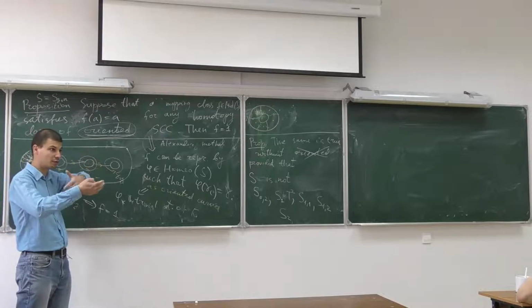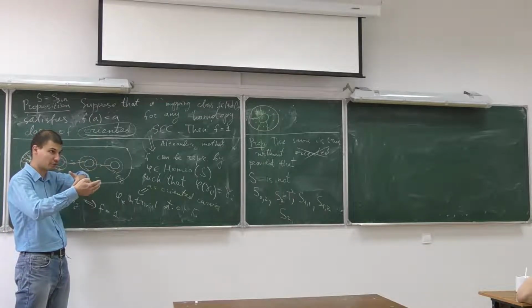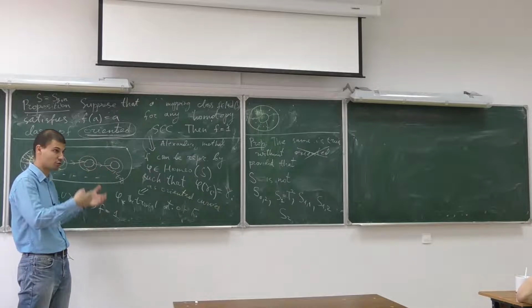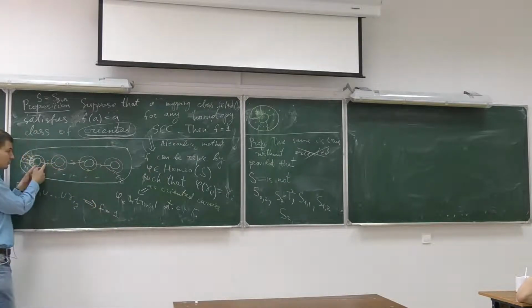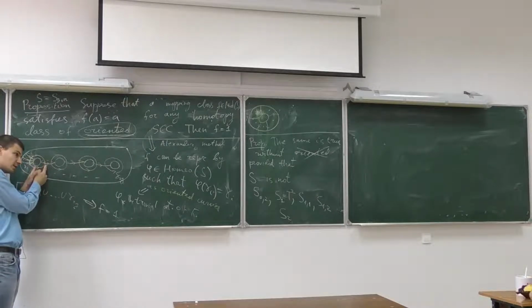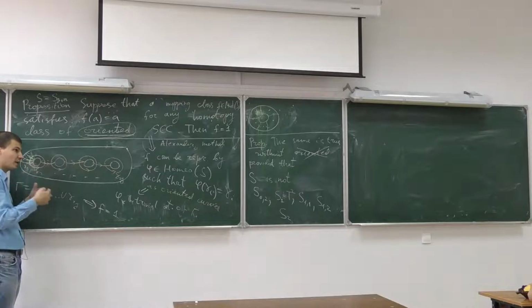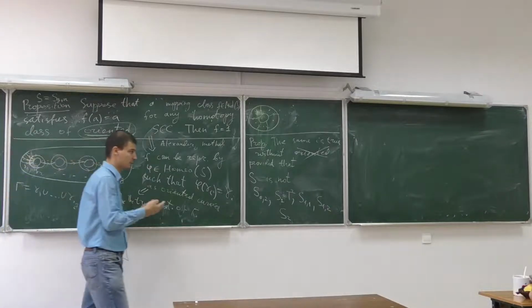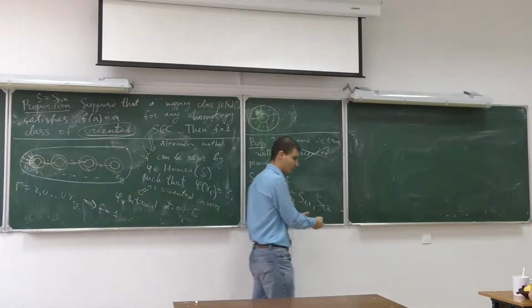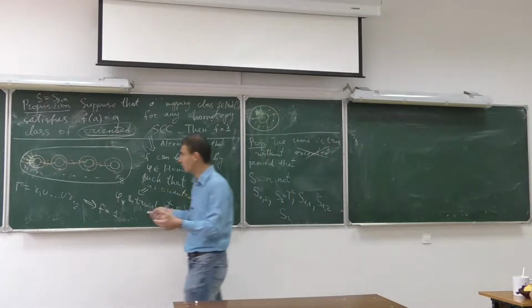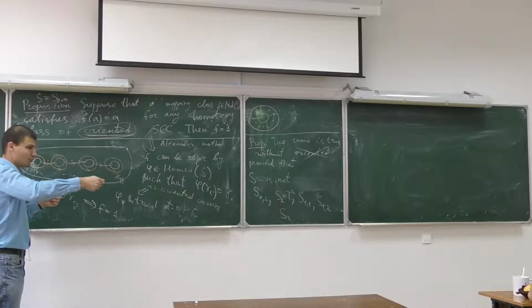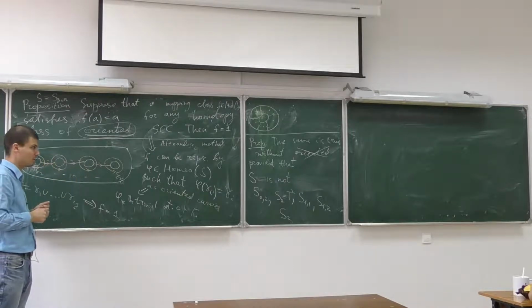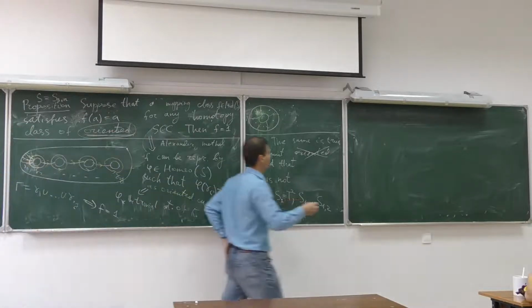Either our mapping class preserves the orientations of all these curves, or it reverses the orientations of all these curves. Why? Since consecutive curves have non-trivial algebraic intersection index. The algebraic intersection index must be preserved under any mapping class. So if at least for one of these curves the orientation is reversed, then for all others the orientation is already reversed.